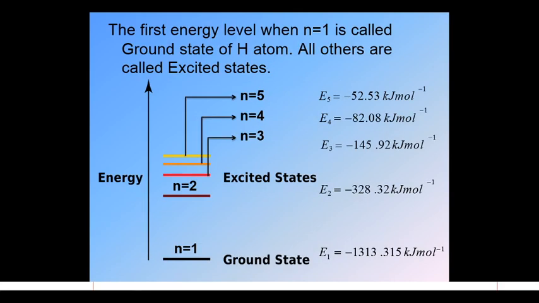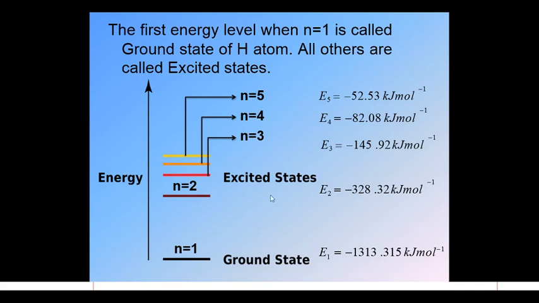So here you can see the picture from which you can see the energies are increasing, and the ground level is known as n equal to 1 state, where E1 is equal to minus 13.315 kilojoule per mole, or simply minus 13.6 electron volt. Now from n equal to 2, all the states are excited states. All other states are excited states.